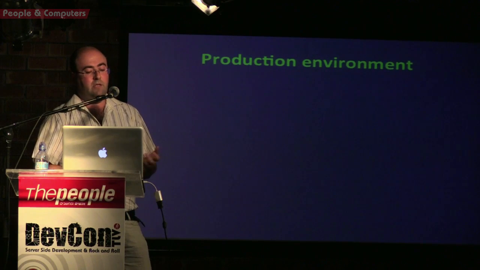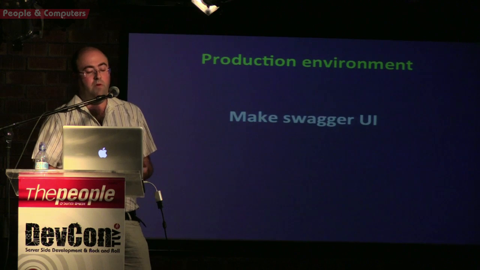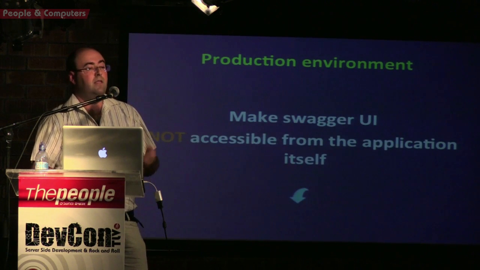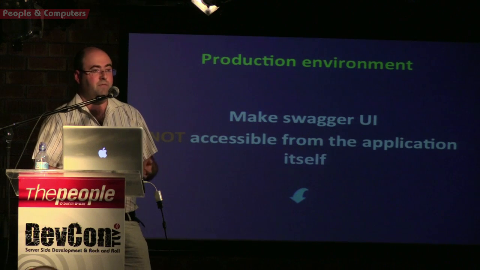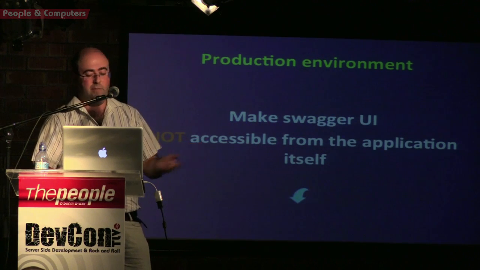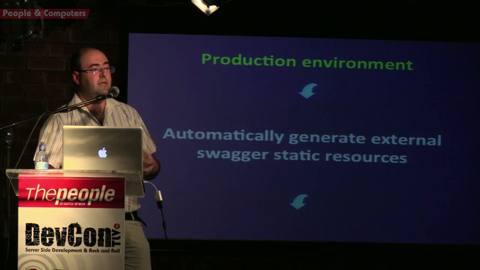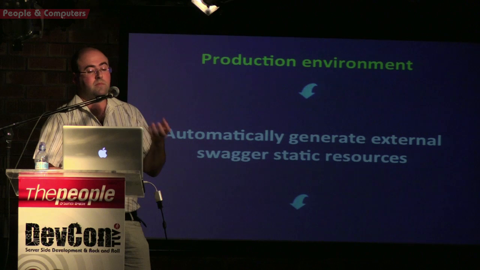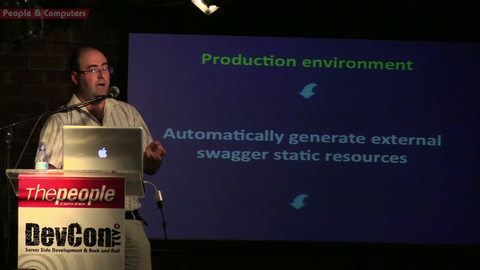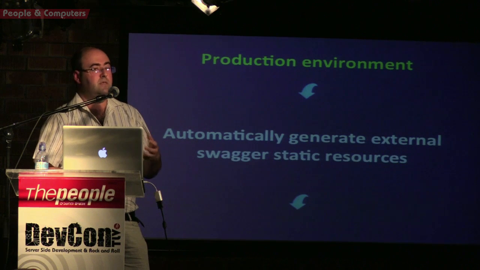But in the production environment, we may want to make Swagger UI not accessible from the application itself. You can, for example, block the UI URLs in production, so it will not be accessible. But then you will use an automatic task that generates the static resources that specify the API and the static resources for the actual UI, using Swagger tools.